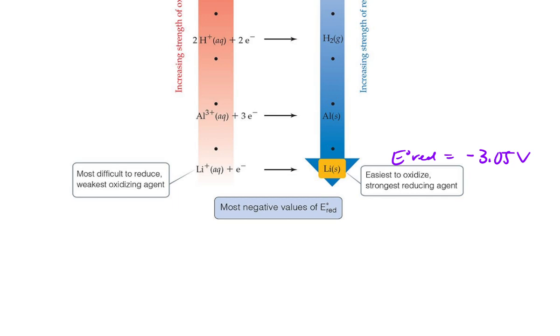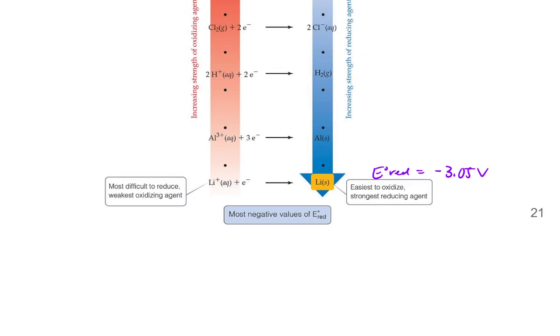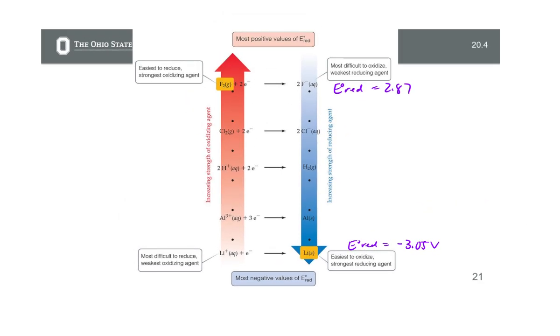The lithium solid is easiest to oxidize. Okay, so looking at both sides of the reaction, think about what is easy or hard to reduce and what is easy or hard to oxidize. And they're opposites. Okay? So if you're given some reduction potentials for a couple of reactions, make sure you can predict what is easier to reduce, what is easier to oxidize.